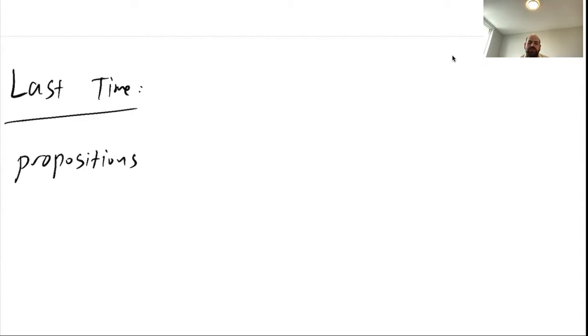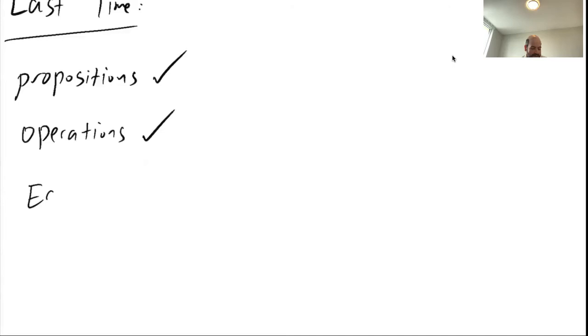And then the notations that we use with small letters P, Q, R, S. And then we also looked at the operations, such as conjunction, disjunction, implication, and other operations. Then we also looked at equivalence, or logical equivalence.